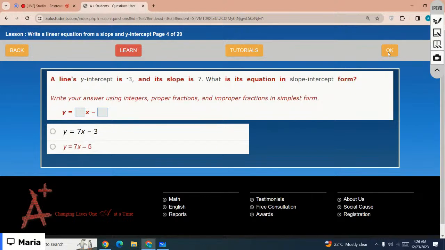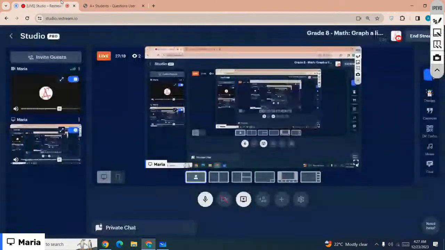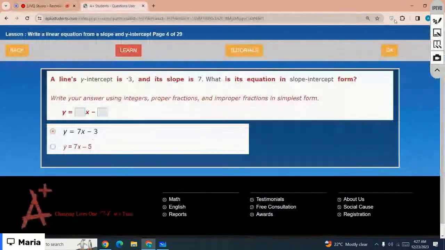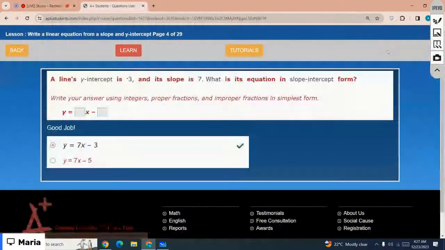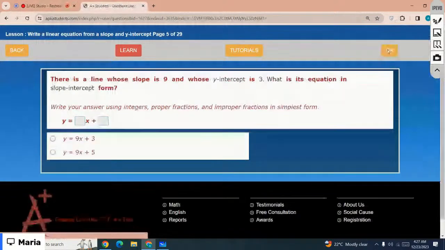So the correct option is option number 1. Y equals 7x minus 3 is the correct option.